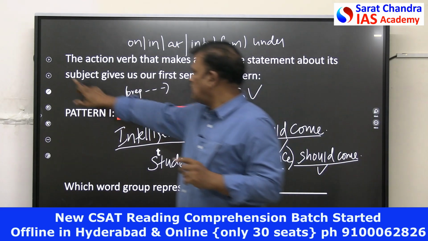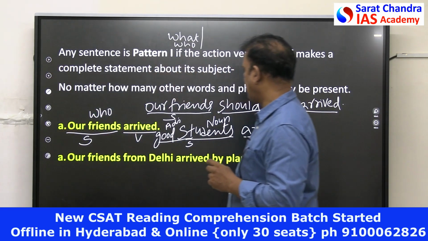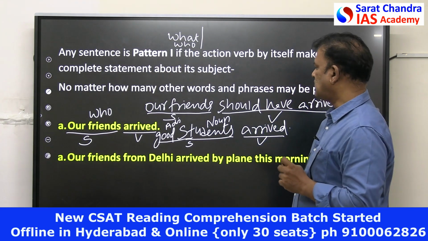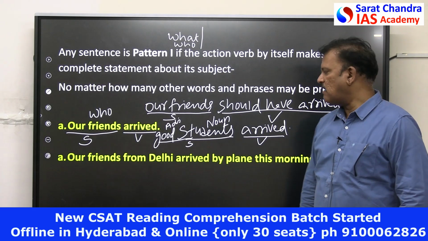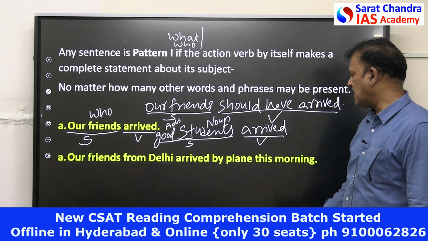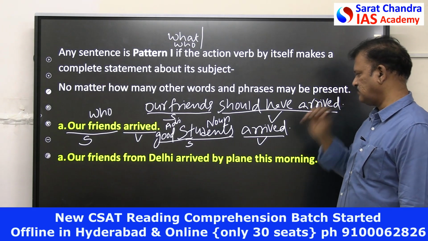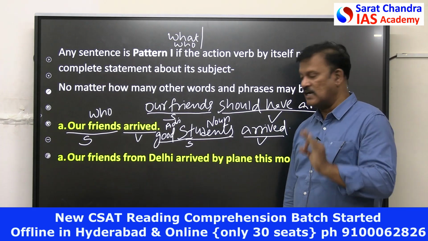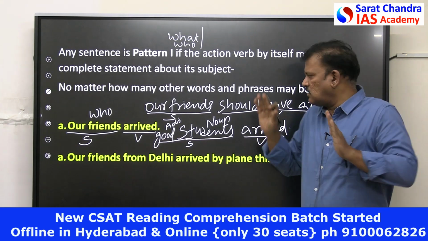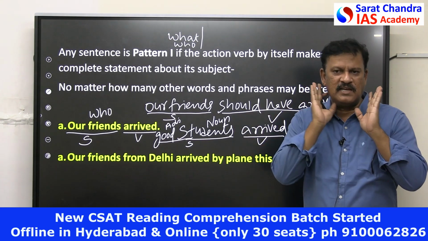Let us move to this one. Okay? Look at this sentence. Our friends from Delhi arrived by plane this morning. I am asking you to read the sentence grammatically. The whole story today is to read the sentence grammatically.